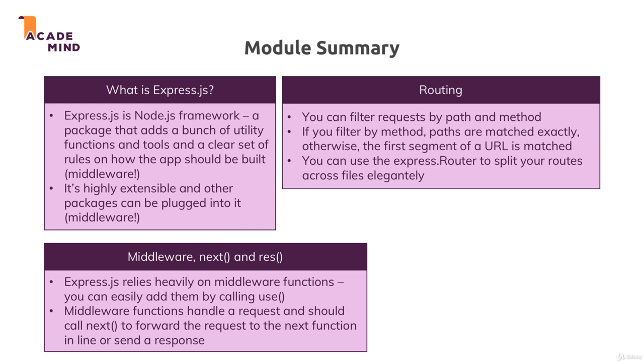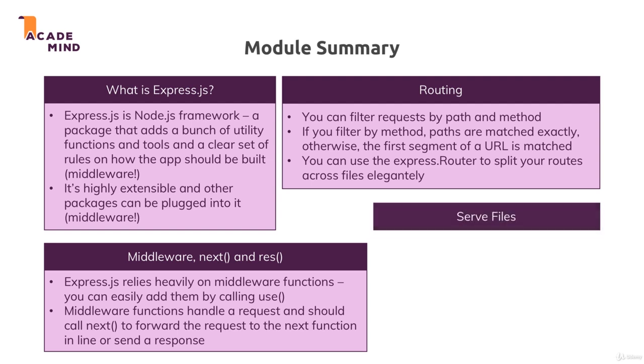Otherwise, with app.use, the path you passed would only be matched with the beginning of the URL, the part after localhost. You also can use the Express router package instead of app.use, app.get, because this allows you to elegantly split your routes across multiple files, since the router you export there can be added as a middleware function into app.use in your root file.